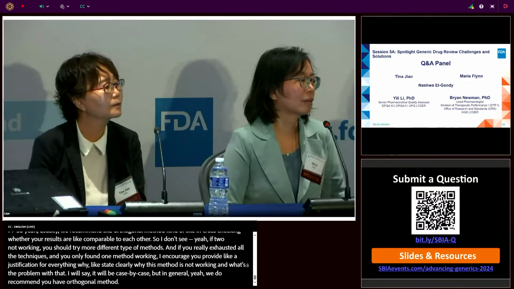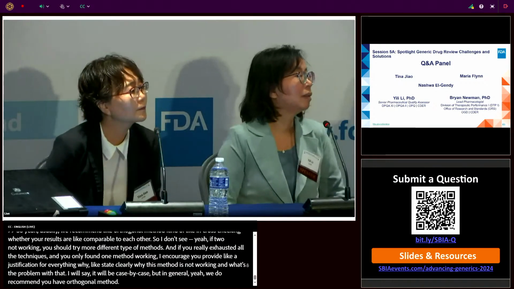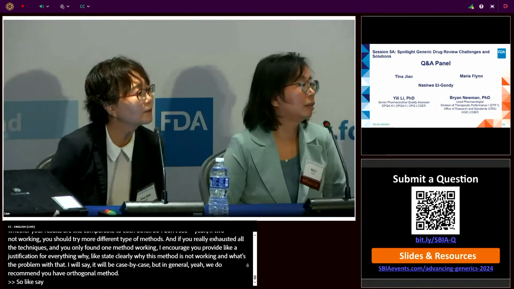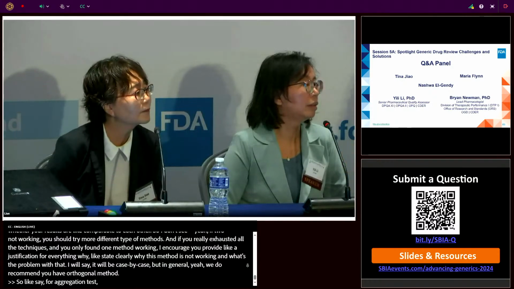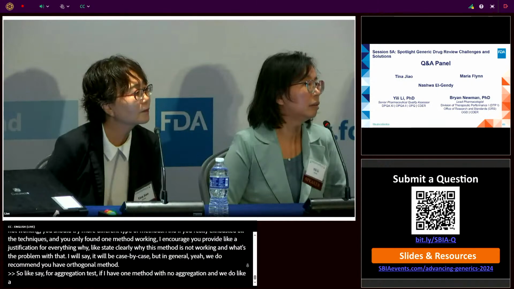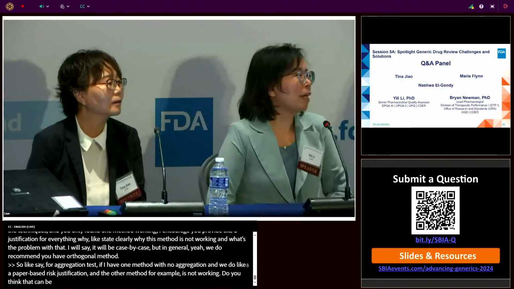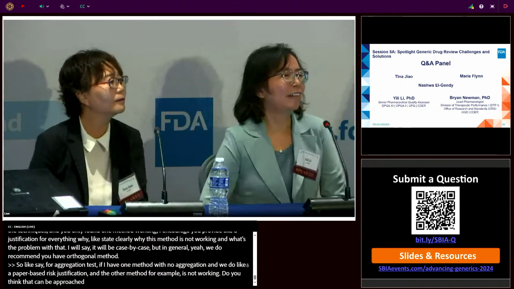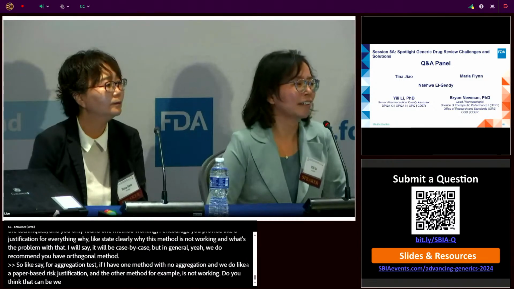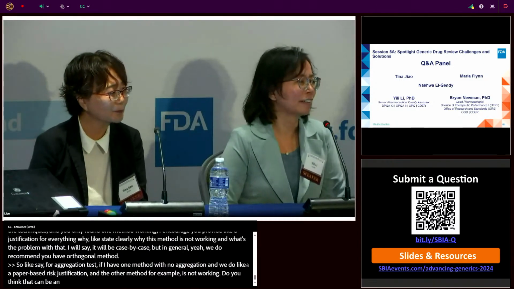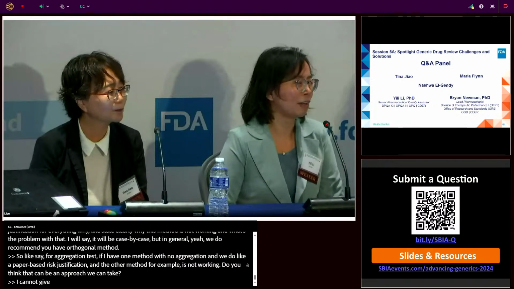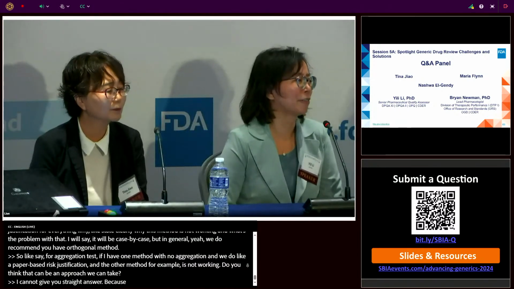Say for an aggregation test, if one method found no aggregation and then we do a paper-based risk justification for the other method, for example SEC-MALS is not working, do you think that can be an approach we can take? Very specific, and I cannot give you a straight answer because it depends on the product and also on your result.